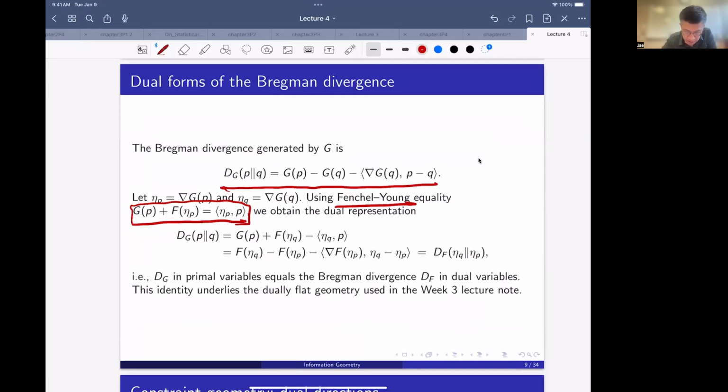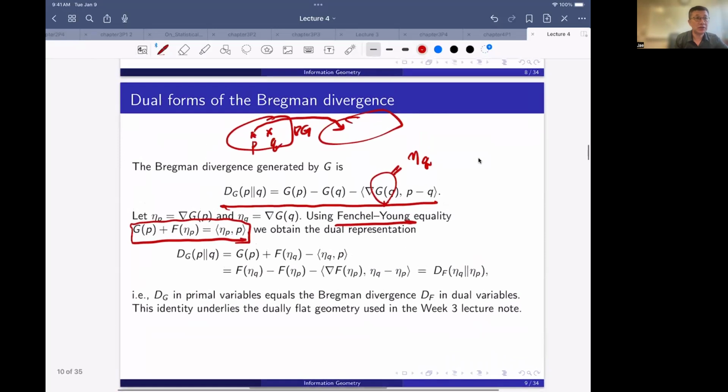So basically, this guy is η_Q. Remember, we have a dual space, right? And so this is a pair P, Q. Suppose we have P, Q, then the transformation, applying ∇G. If you apply this transformation ∇G, you have a point that is called η_P. So basically, η_P is nothing but ∇G at P. In the same way, you can use Q and apply the same function, which is η_Q equals ∇G at Q. Okay.